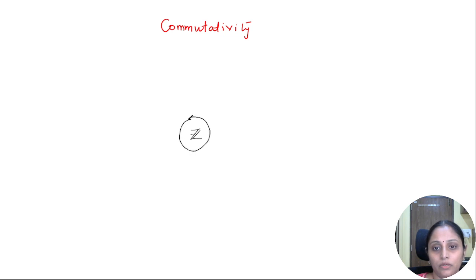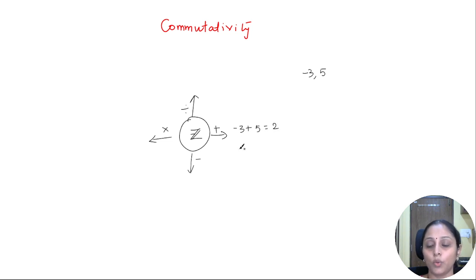So here let me take any two integers. I am going to take minus 3, 5. Now what is A plus B? Minus 3 plus 5 equal to 2. What is B operation A or B plus A? 5 plus of minus 3. Now this is again 2. So we can conclude that addition is commutative for the set of integers.